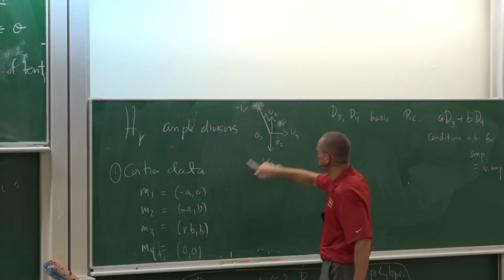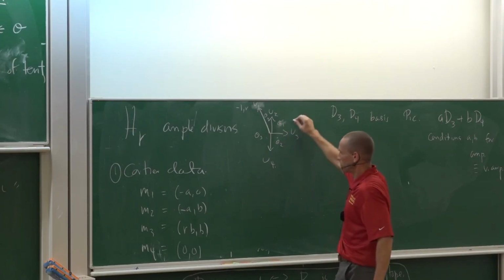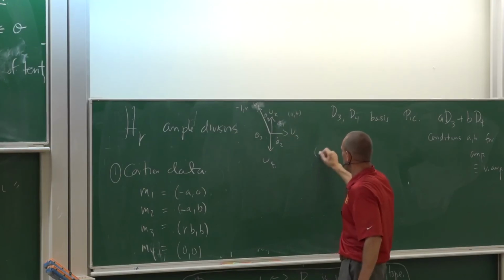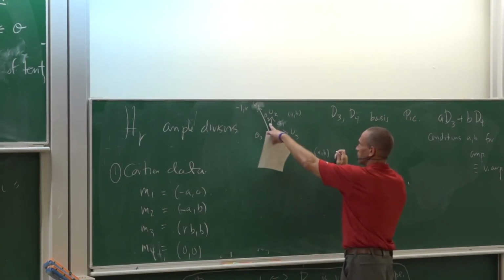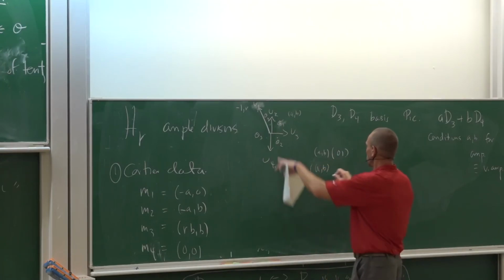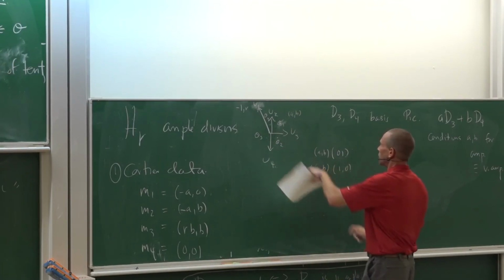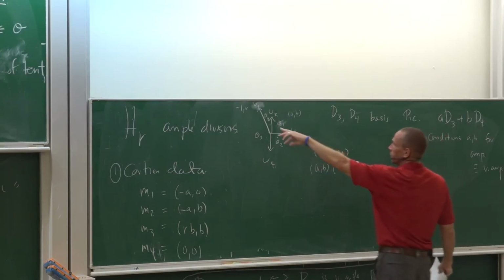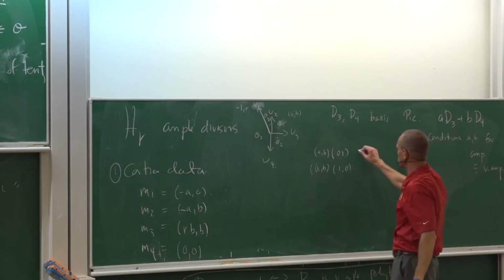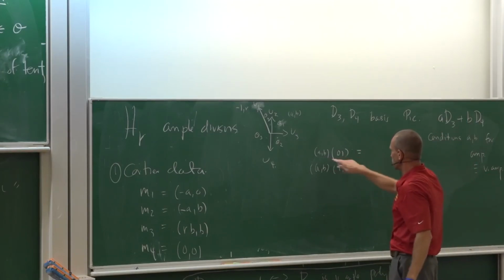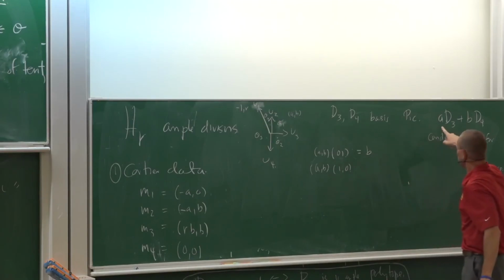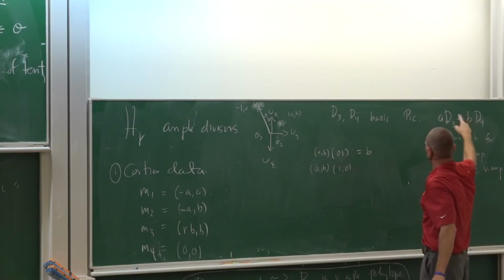This one says on sigma 1, which is right here, we know that my A comma B, when I dot A comma B with 0, 1 and A comma B dot 1, 0, and my Cartier divisor, this is D2. There's no D2 involved here, so this one is just going to be equal to B on the one hand, but this has got to be the coefficient of, well, this is the B over here that's different from this B.